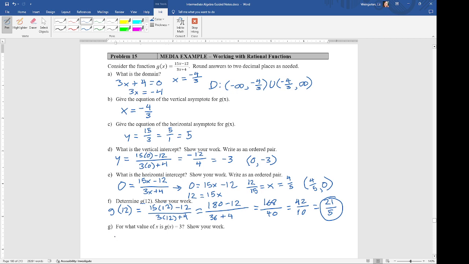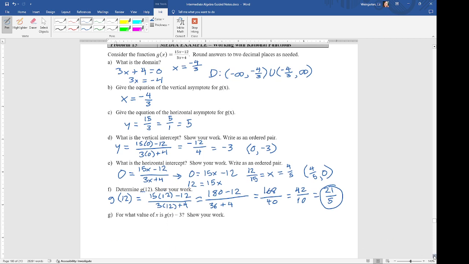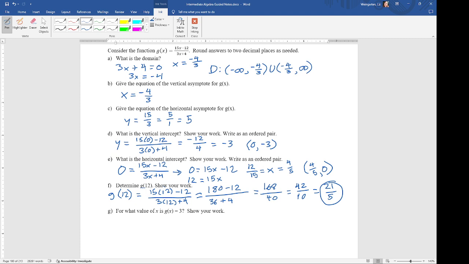For what value of x is g of x equal to 3? So we're going to take that function and set it equal to 3. Now to get rid of the fraction, I'm going to multiply both sides by 3x plus 4.